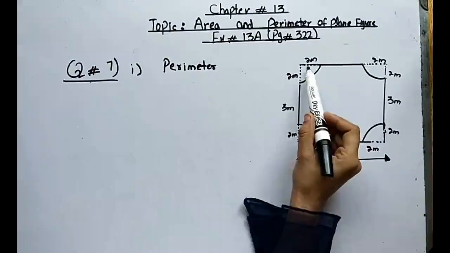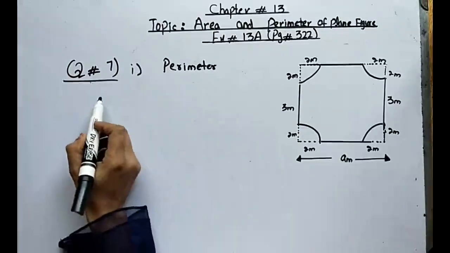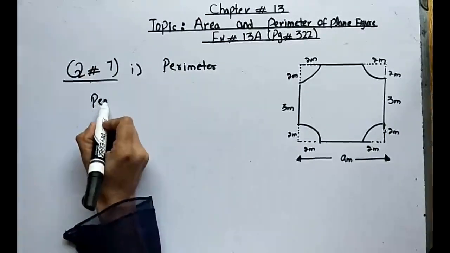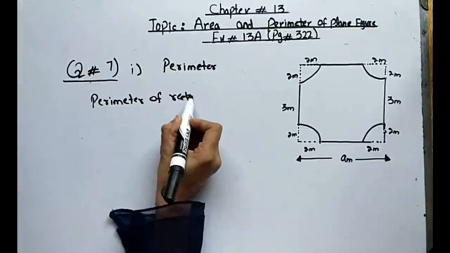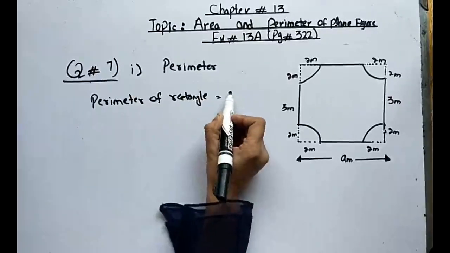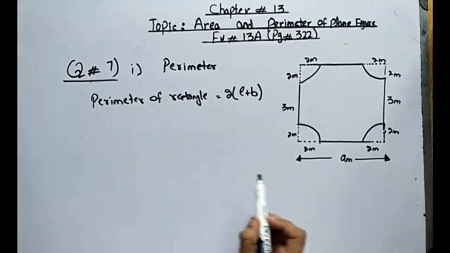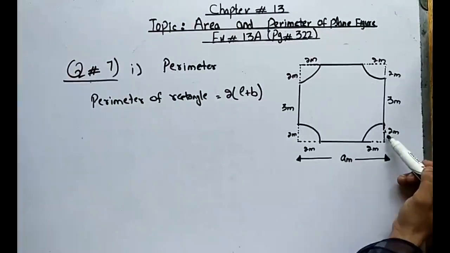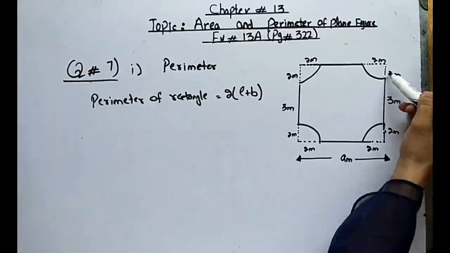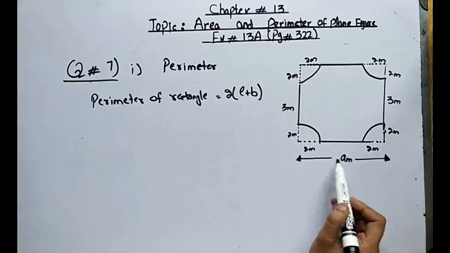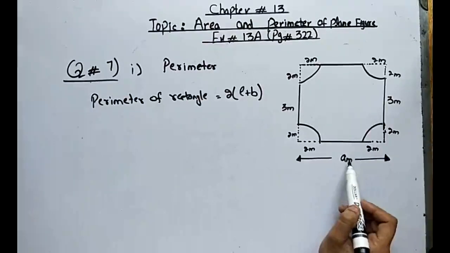So first we will find the perimeter of the whole rectangle. As we know, the perimeter of a rectangle is equal to 2 into length plus breadth. This is the fixed formula. What is the length? We will add all these lengths. So 2 plus 3, 5, plus 2, it means 7, and then you can see here 2 and 2, 4, and this whole side is equal to 9 meter.